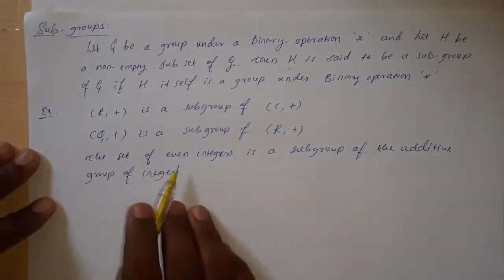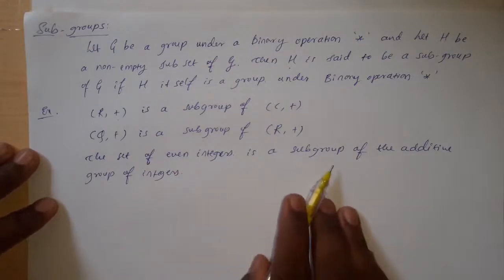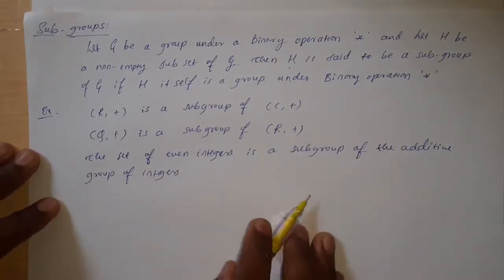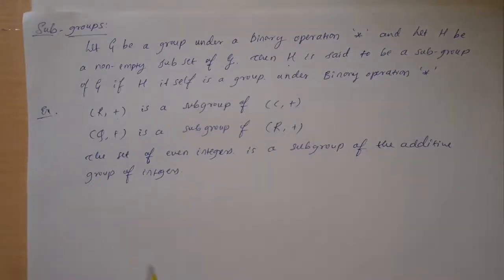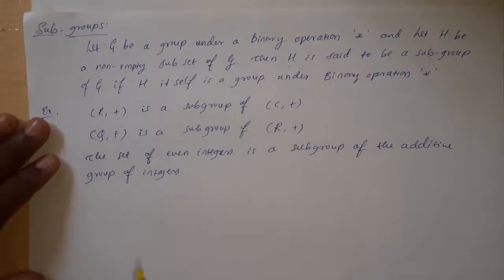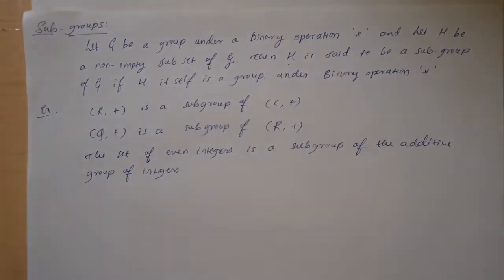So here the set of even integers is a subgroup of the additive group of all the integers, because the set of even integers is a subset of the set of integers. Now these are some examples. Let us solve some particular examples regarding this subgroup.